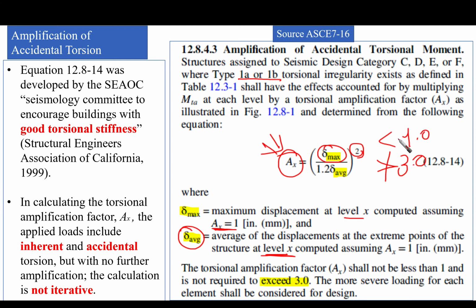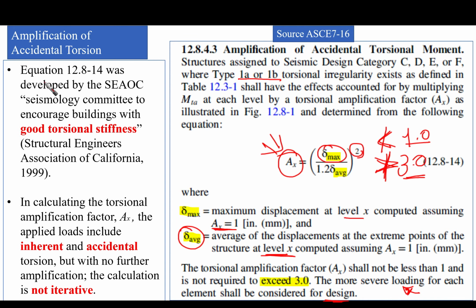We are amplifying, so it should not be less than 1 and it should not exceed 3. The more severe loading for each element shall be considered for design. Because we are applying it in each direction, we are going to find different cases that we need to check, as we are going to see in the example.